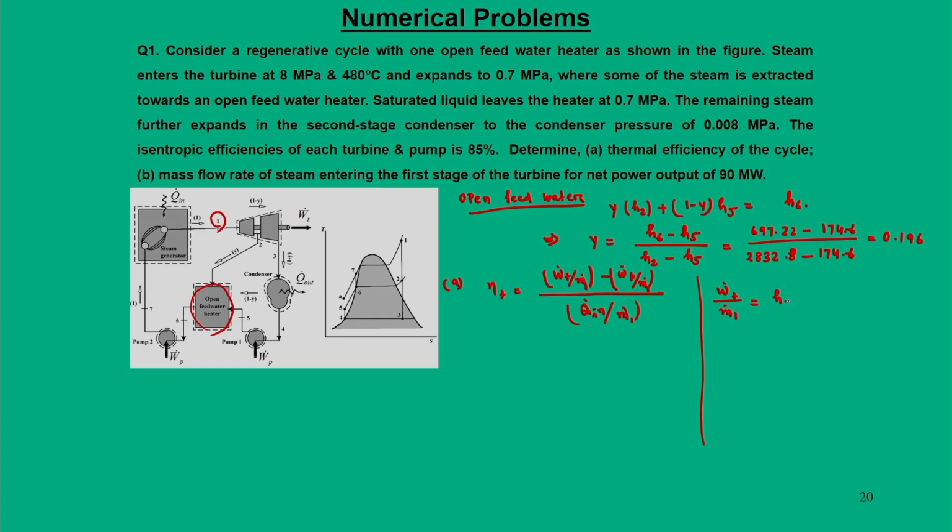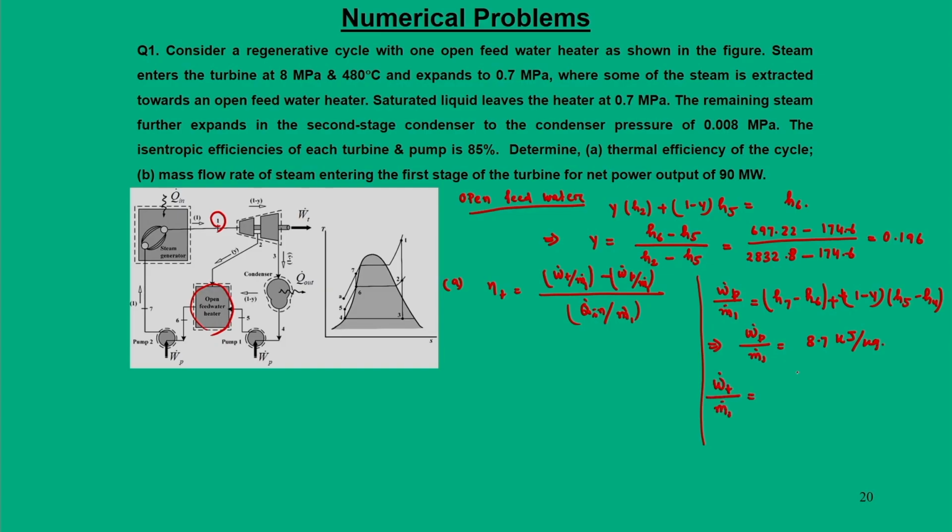It becomes H7 minus H6 plus (1 minus y) times H5 minus H4. All these enthalpy values are noted. So, this expression is for the pump, W dot P by m1 dot, and it becomes 8.7 kilojoule per kg.